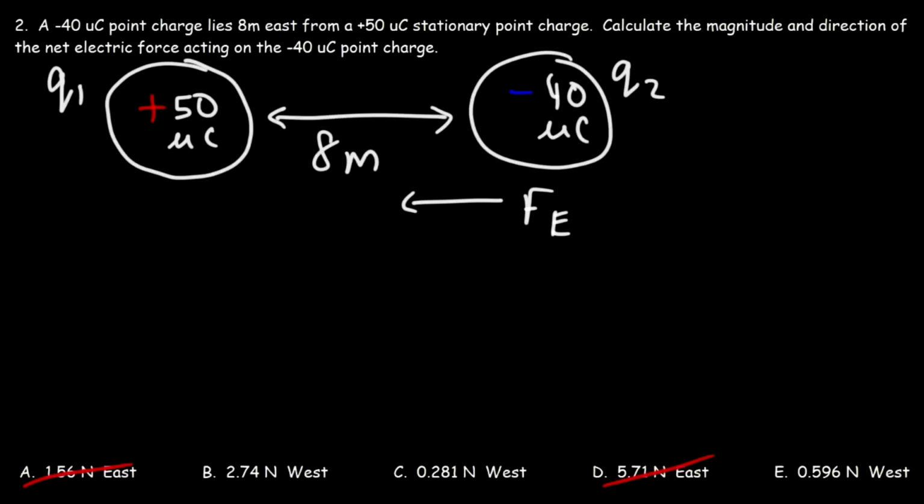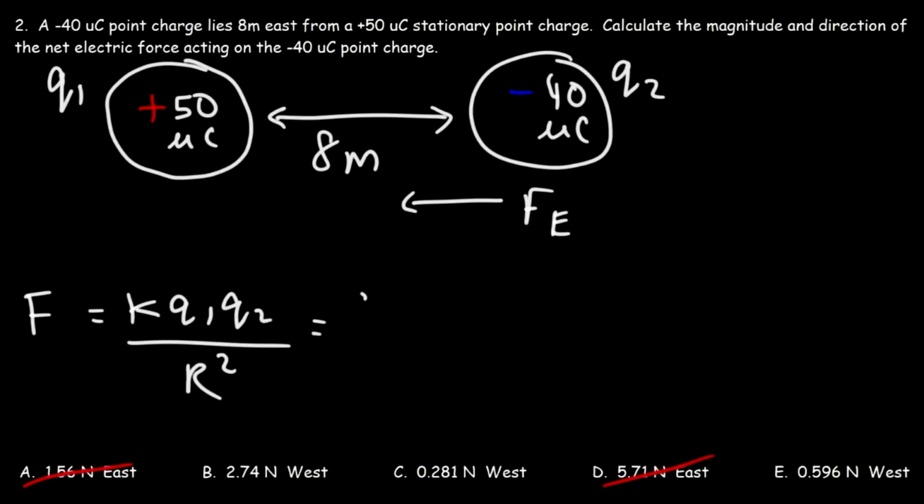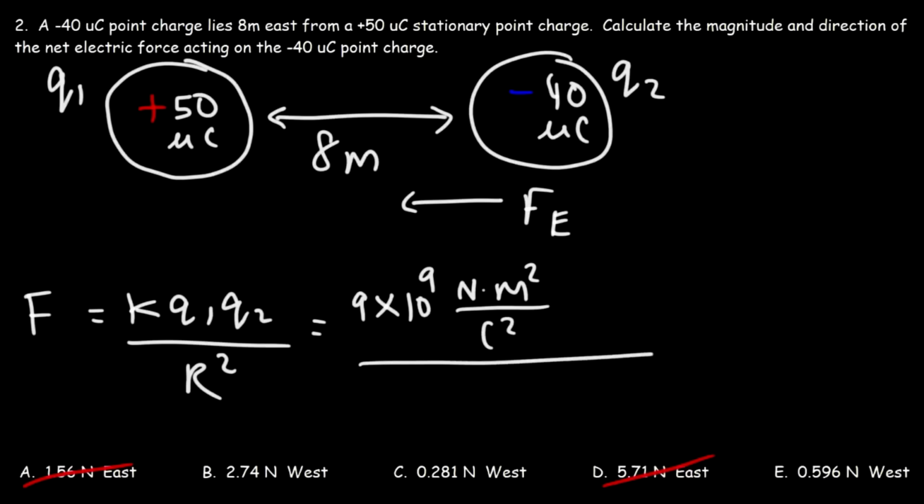Now what we need to do is calculate the magnitude of the electric force. And so we could use this formula to do it. It's K Q1 Q2 over R squared. So K is 9 times 10 to the 9, and the units are newtons square meters divided by coulomb squared.